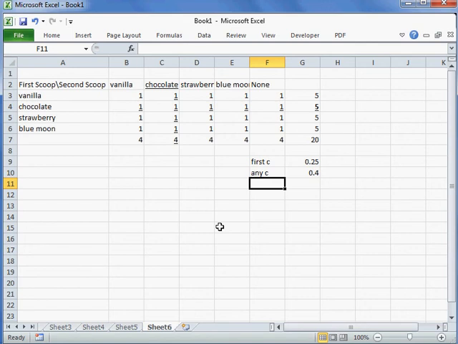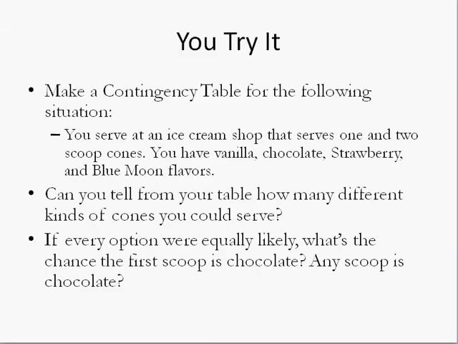That would have been tough to do using a different method. So contingency tables are powerful both for listing possibilities but also for calculating probabilities.